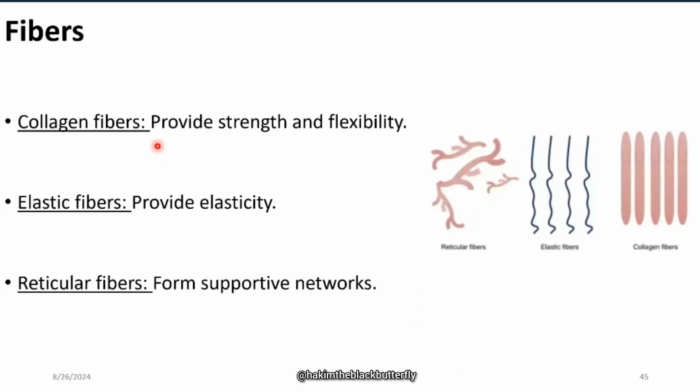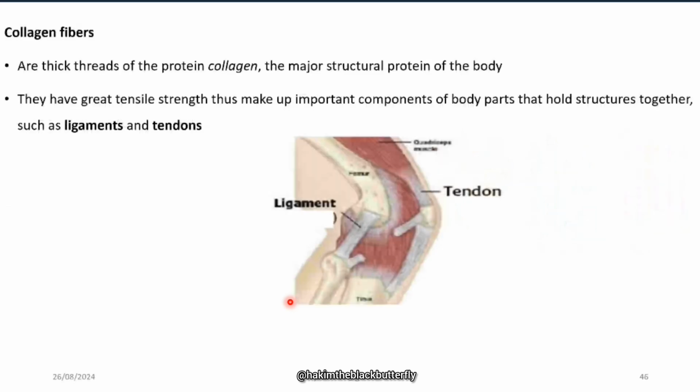Protein fibers are just of three categories. We have the collagen fibers, the elastic fibers, and the reticular fibers. Collagen fibers are going to provide strength and flexibility. They're very strong. You can see they're thick. So they provide some bit of strength and some bit of flexibility. Elastic fibers provide elasticity. Reticular fibers are going to form supportive networks.